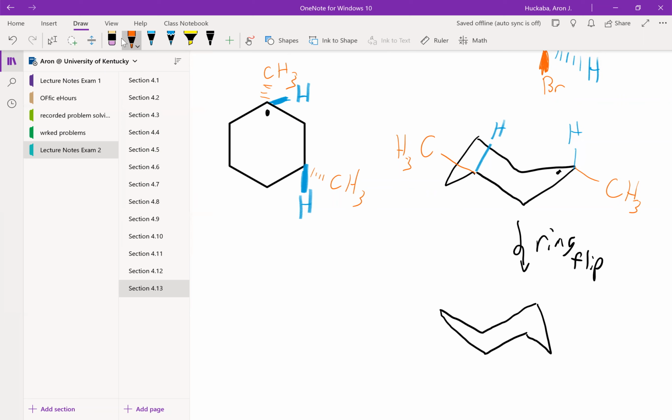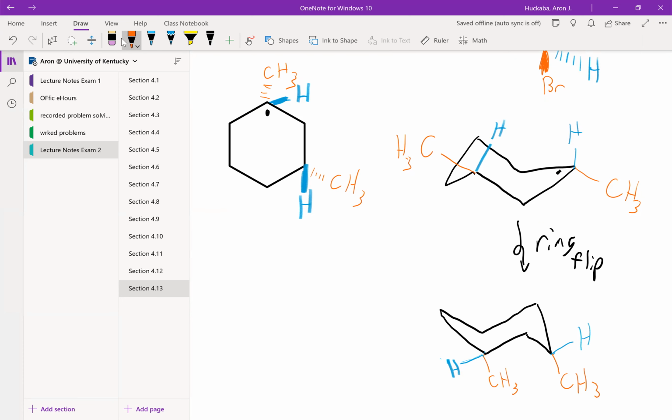So in this structure, the CH3 is now axial, whereas before it was equatorial. And the hydrogen is equatorial. And in the other, the hydrogen is equatorial, while the CH3 is axial.